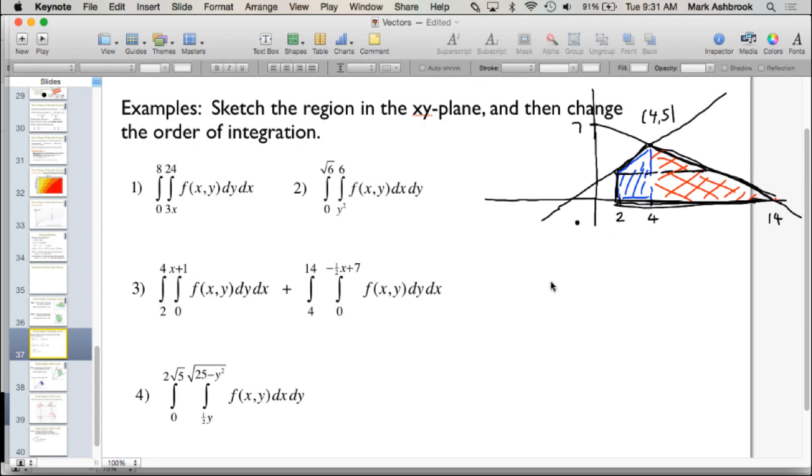So the lower half is going to be what? Left to right, 2, 2. So we need this function. So this is y equals x plus 1. So therefore x equals y minus 1. That's this one up here. And this one that was y equals negative 1/2 x plus 7.